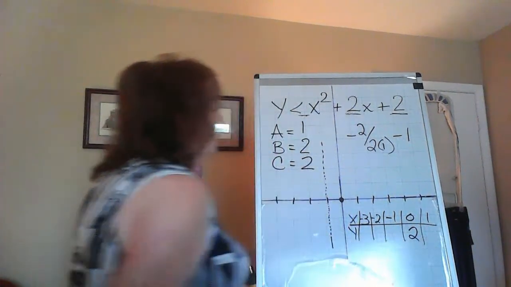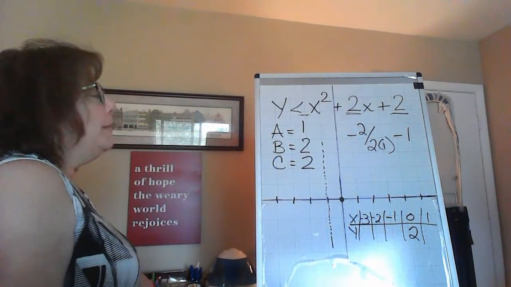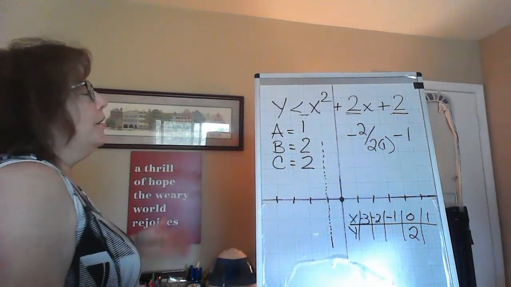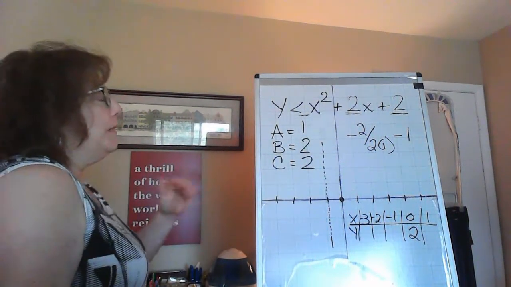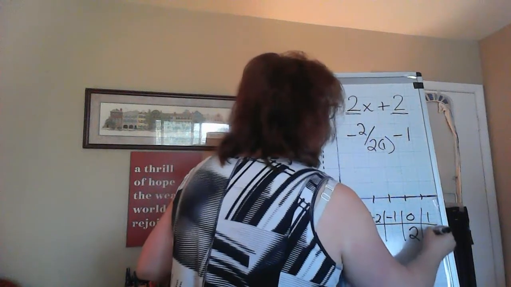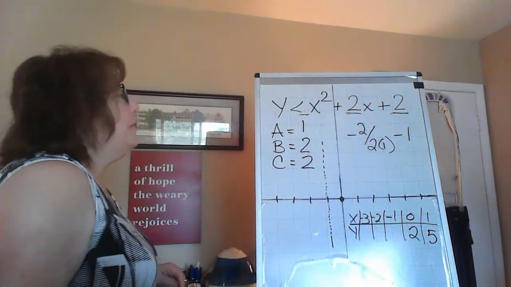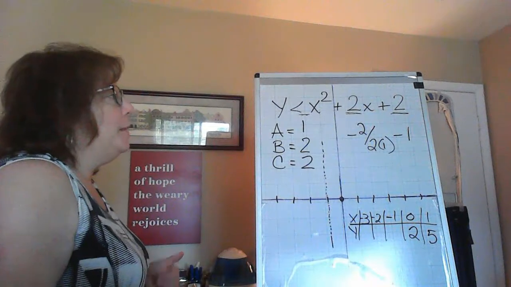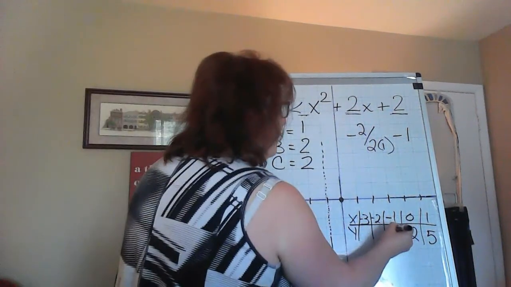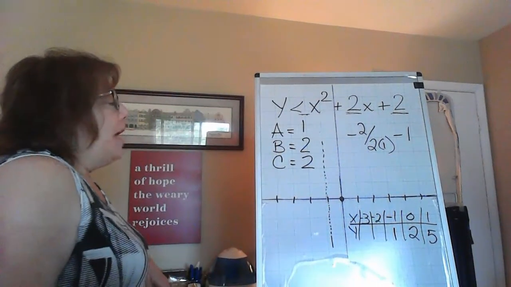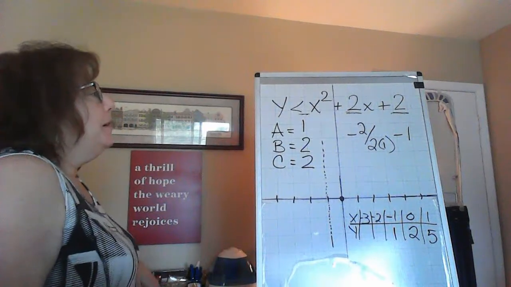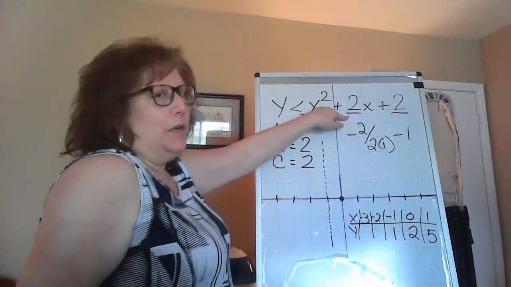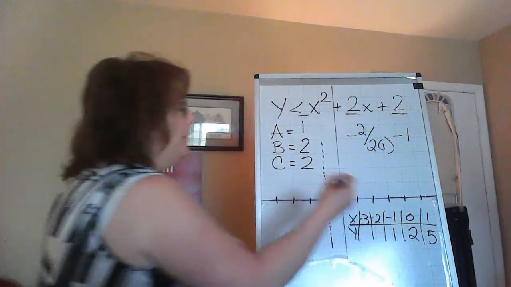I put 1 in, I'm going to get 1 plus 2, and then 2 times 1 is 2. 1 plus 2, that's going to be 3, plus 2, I'm going to have 5. Then I'm going to stick the negative 1 in, and have 1 minus 2, which is a negative 1 plus 2, and that's 1. Then I'm going to put negative 2, so I'm going to have 4, but minus 4. So that's going to be 0, and I'm left with 2.